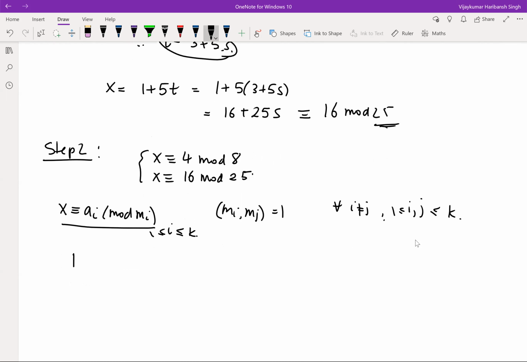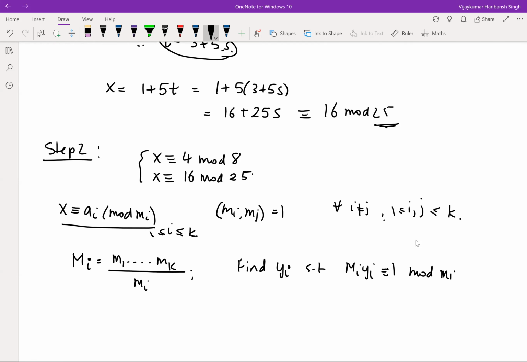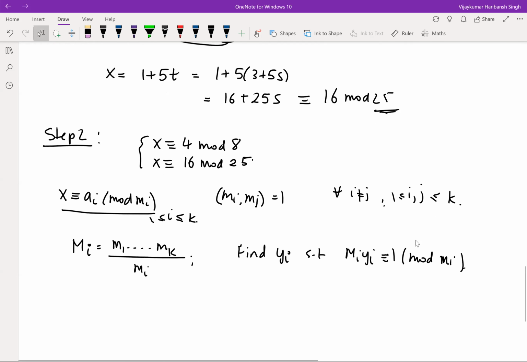First you construct M_i, which is m_1 to m_k divided by m_i. Then find y_i such that M_i y_i is congruent to 1 mod m_i, and then you patch the solution up.